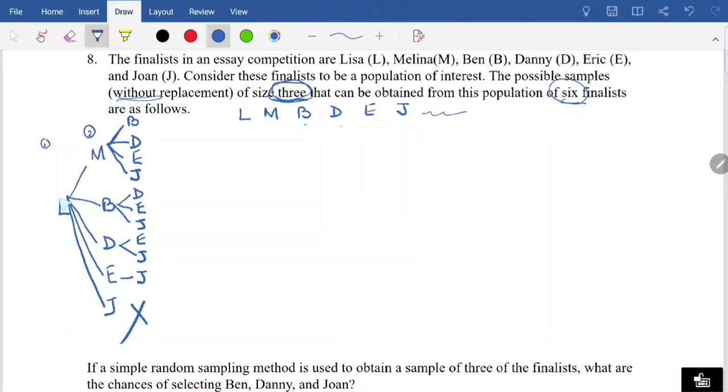So what I'm going to do is LMB. So we are walking the tree. LMB, LMD, LME, LMJ. So I'm going to list that over here. LMB. That's 1, 2 is LMD.